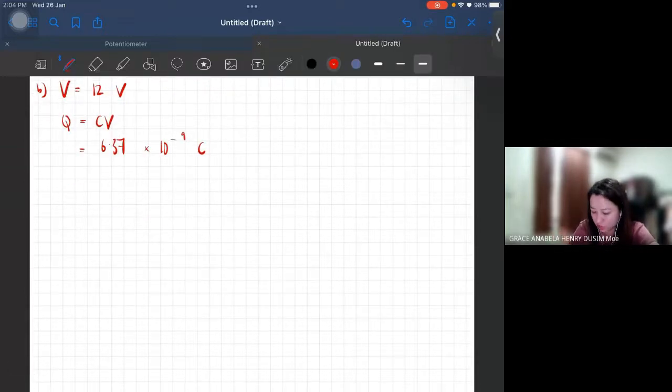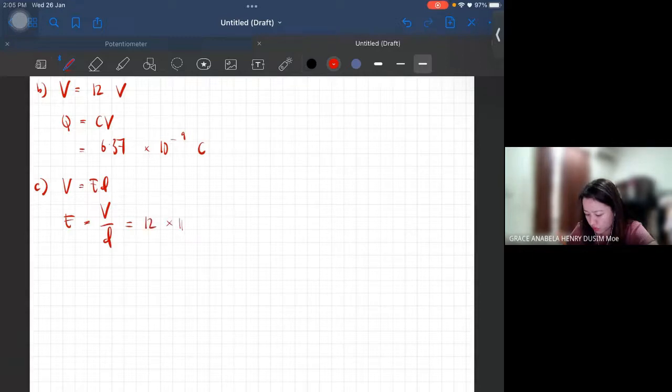Then question C, we can calculate this because this is a parallel plate capacitor, so it has a uniform electric field. We can use this equation, E equal to V over D, which gives us 12 times 10 to the power of 3 volt per meter.